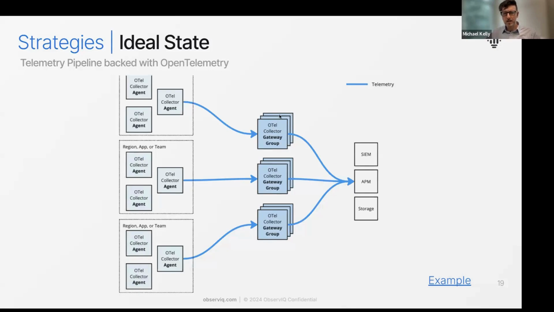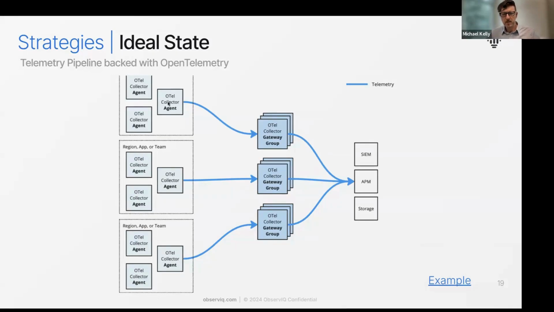Depending on the scale and the throughput, this may be many collectors, but it allows you to handle processing separate from the edge node. And then it goes from the group to the destination. This can be broken down by region, by app, or based on teams. That's really based on the business needs. But if you think about the ideal architecture, it looks something like this.